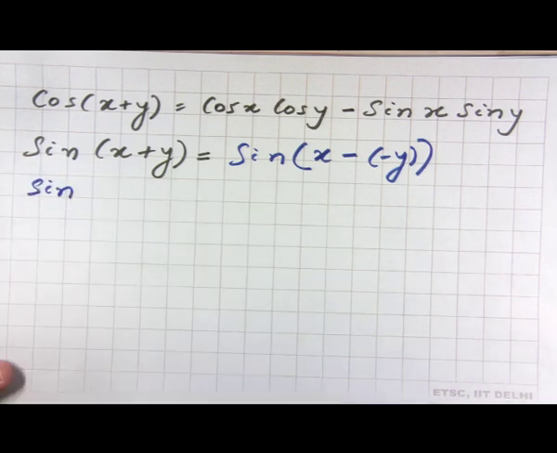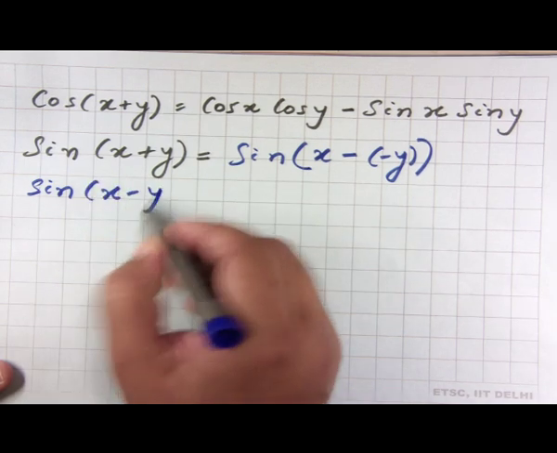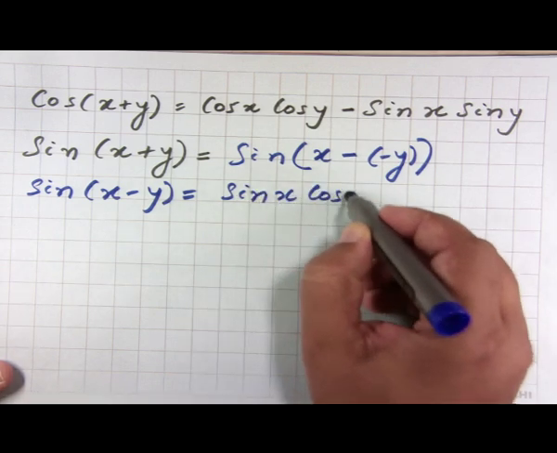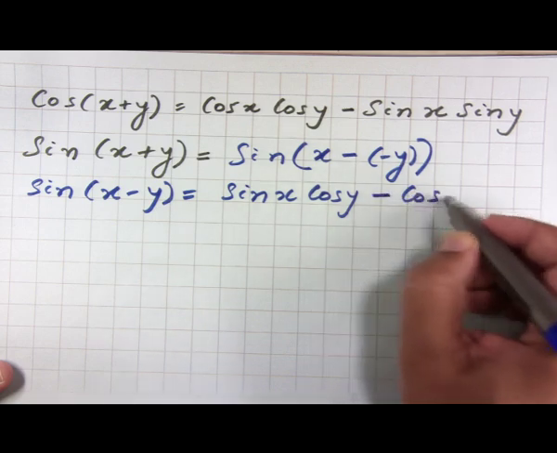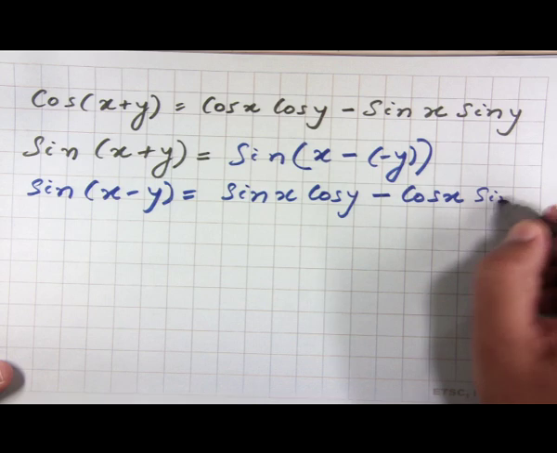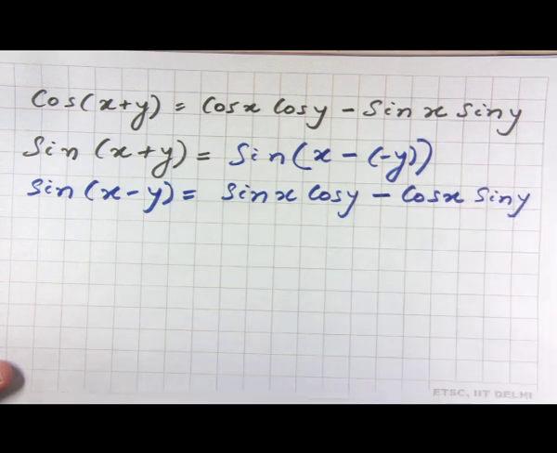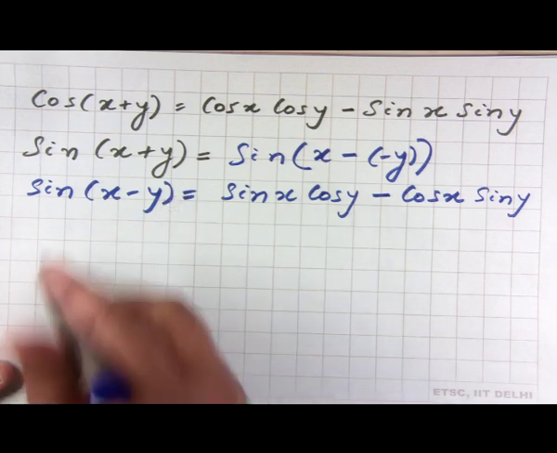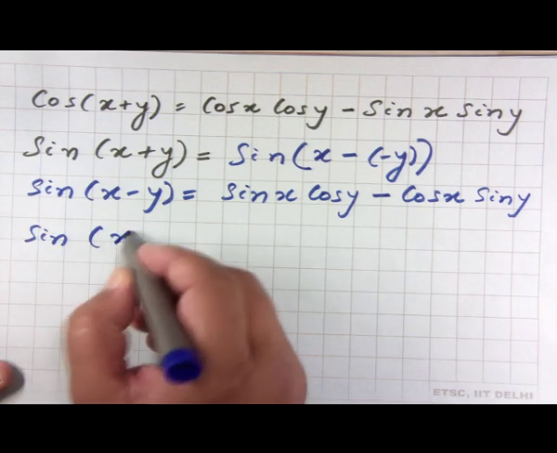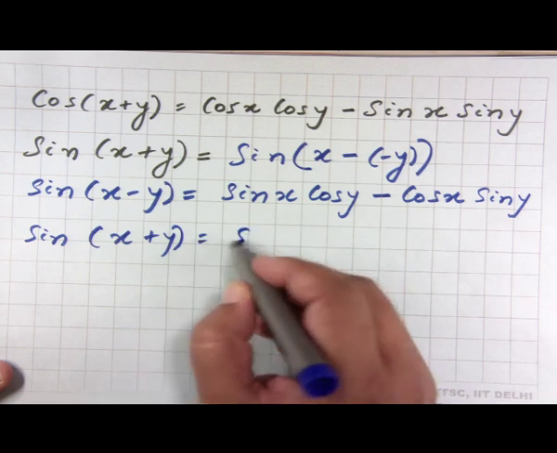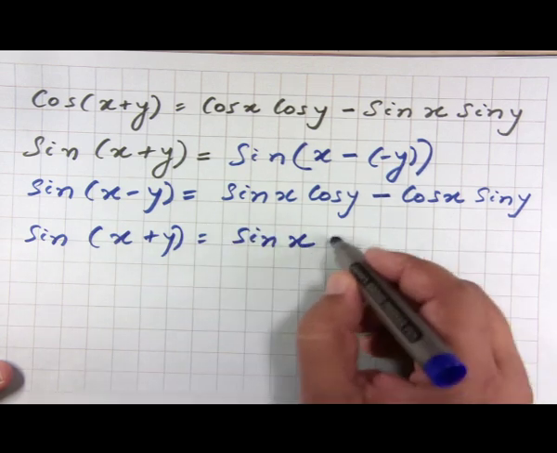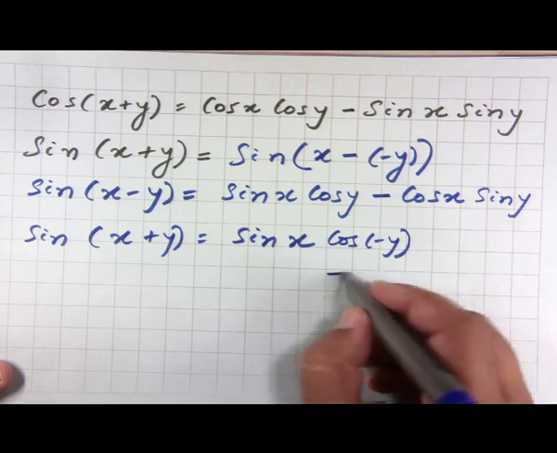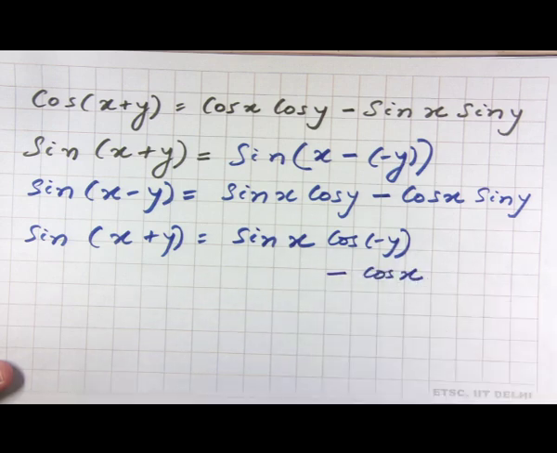From the previous slide, we know that sin of x minus y is sin x cos y minus cos x sin y, and therefore, just replacing this y with minus y, we get sin of x plus y equal to sin x cos of minus y minus cos x sin of minus y.